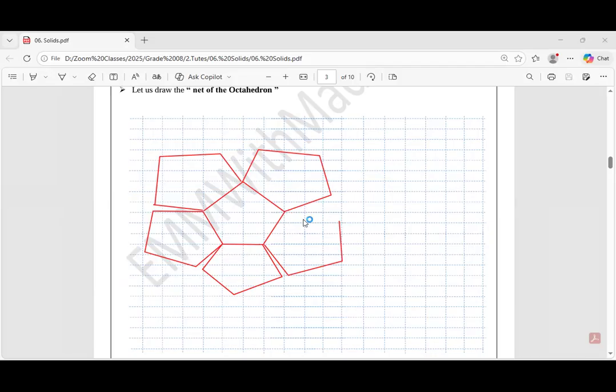Now how many sides have we drawn? How many faces? 1, 2, 3, 4, 5. We have already drawn 6 faces. How many faces should be there for a dodecahedron?